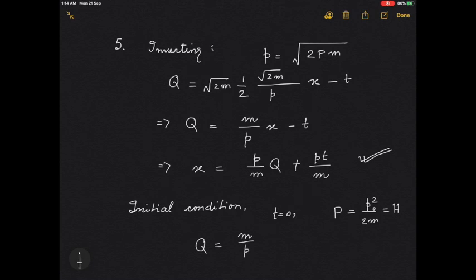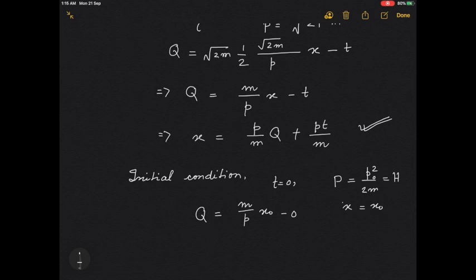So Q at t equals to 0 is nothing but m by p. T equals to 0, p is this, and we are calculating what is Q. So at t equals to 0, we call p as p0 and x we called x0. So this is m by p x0, and t equals to 0, so minus t is minus 0.